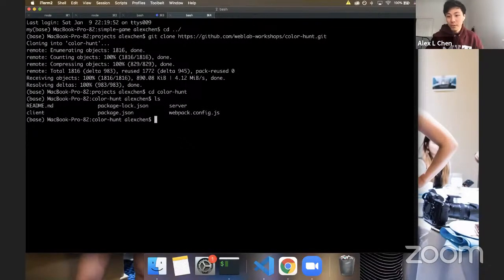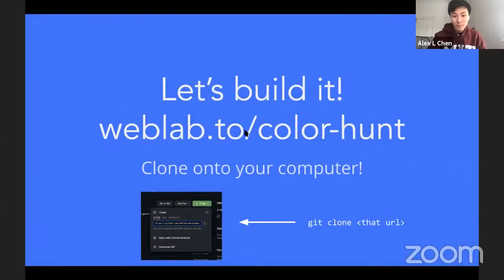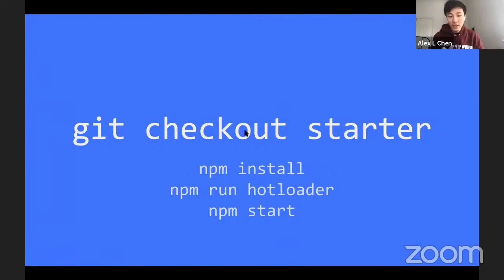Can you guys see this okay? Yeah. Okay. Once you're done with that, you can git checkout starter, and then do basically the same thing you did with Chatbook. It's npm install, and then run npm run hotloader, and in another tab do npm start. I'll give you a minute or so to do that.